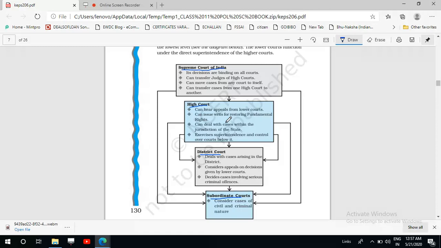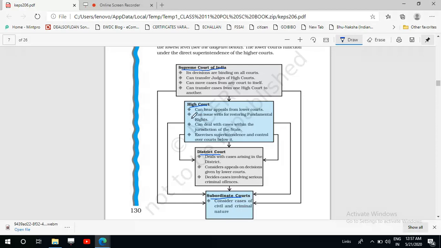There should be justice. So these are the powers of the Supreme Court. These are the indicators of the integrated judiciary system. The powers of the Supreme Court are such that it proves that we have an integrated judiciary system.